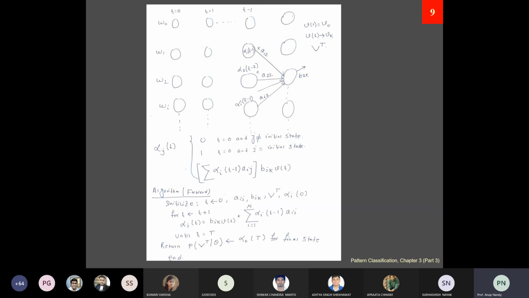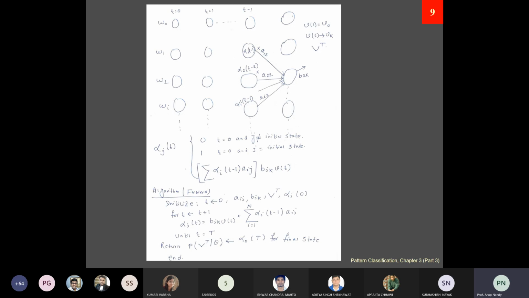Now recall the last evaluation problem, where we have a total of capital T sequences of hidden states. Out of them, we have chosen one particular sequence, from the T-length sequences of hidden states.